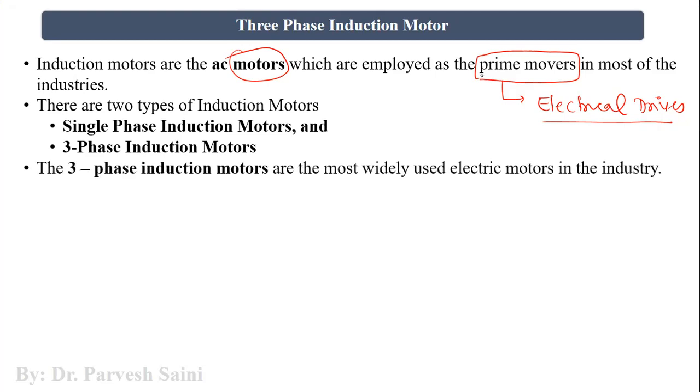Three phase induction motors are the most used electric motors in industries. They are also used in tube wells, basically to draw underground water for irrigation purposes. You can take that as an example.